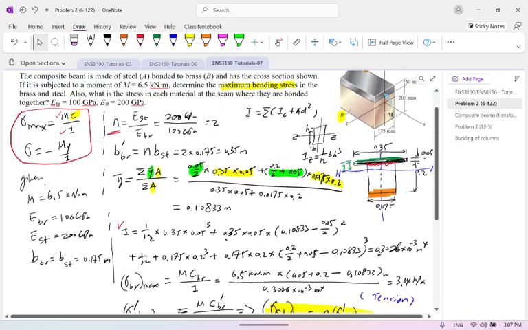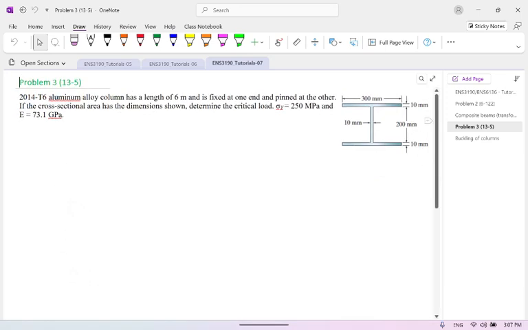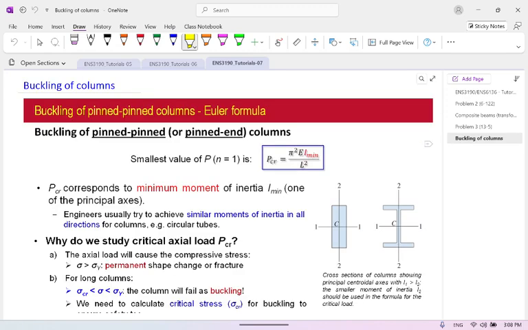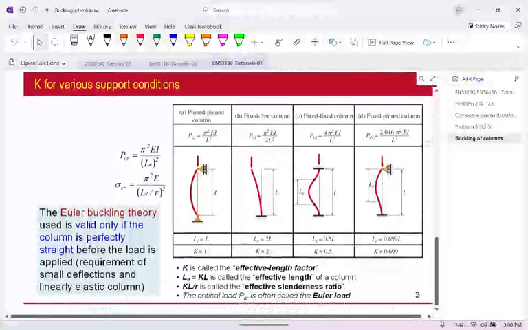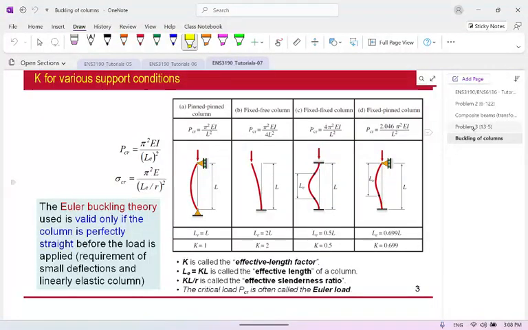Okay, so that's one way. And we have a last tutorial question on the material for here. This is for the aluminum alloy. The column has a length of 6 meters, and is fixed at one end and pinned at the other. Okay, so from here we must know which equation to use, where one end is fixed and one is pinned. So that's for the shell. Clear? That's what kind of equation it will be.